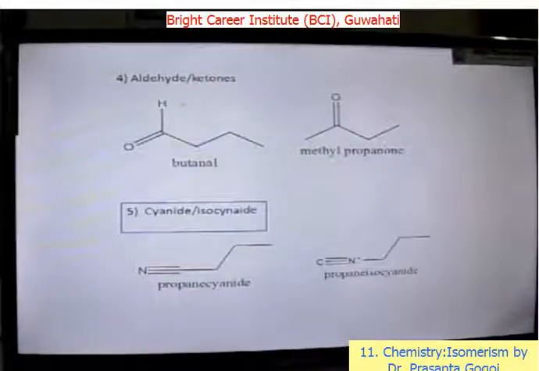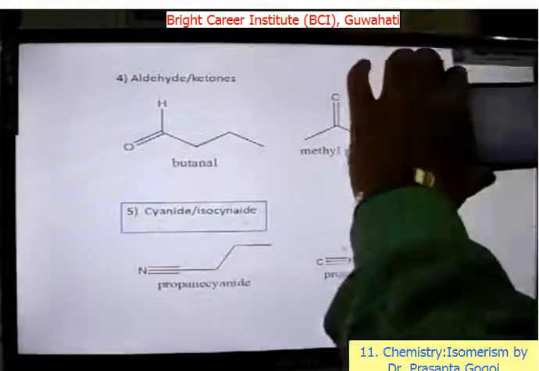Aldehyde versus ketones. If aldehyde and ketone groups are present, then these are also considered functional group isomers. In this one the aldehyde CHO group is present, and here the ketone CO group is present. So these belong to functional isomers.